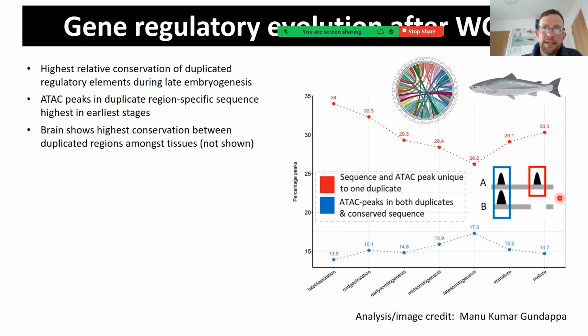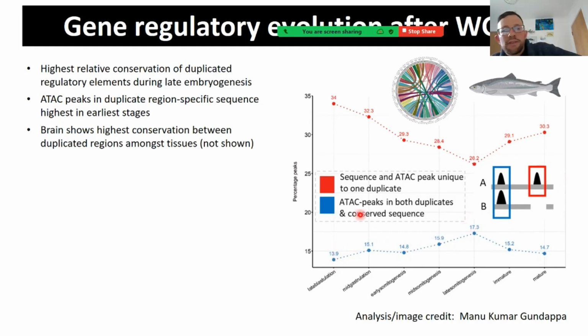for regions where the duplicated sequence is either retained and you have two peaks, or where the sequence is unique to one chromosome and there's an ATAC peak there. And what you can see is that where you have ATAC peaks in both duplicates with conserved sequence, the highest conservation, if you like, of duplicated regulatory elements, this is occurring in the late embryo stages, and it's lowest at the early embryo stages.